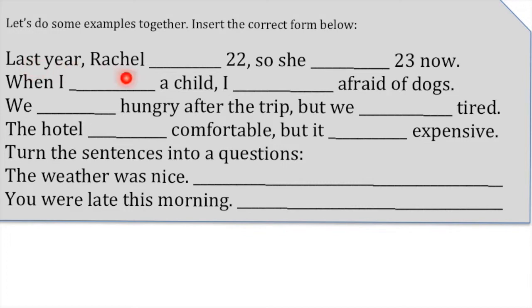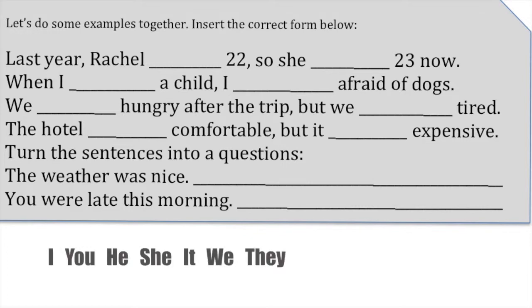Last year, Rachel blank 22, so she blank 23 now. Past tense I see right here, last year, so it's going to be was or were. And for Rachel, is it an I, you, he, she, it, we, or they?